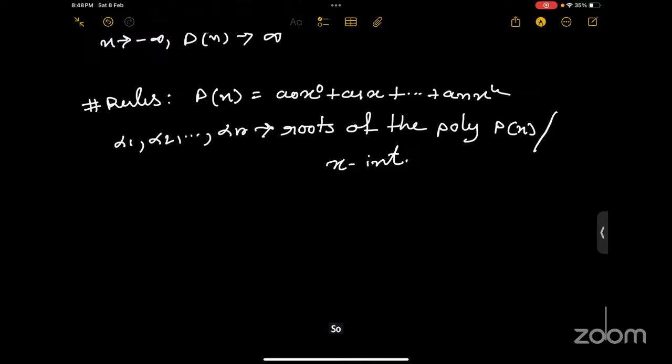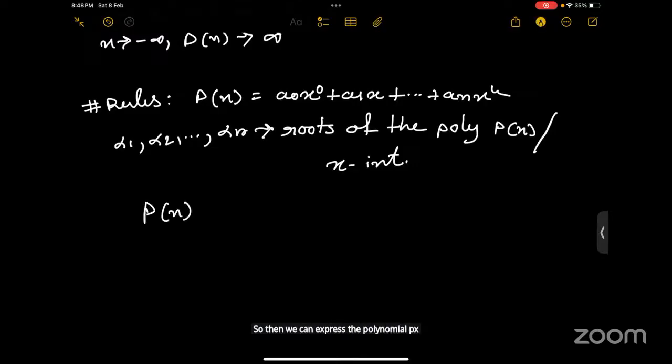Then we can express the polynomial p of x in such a way.